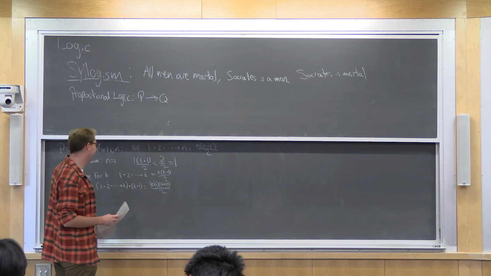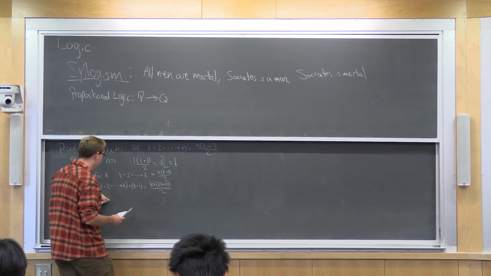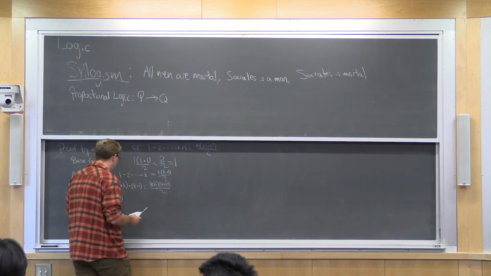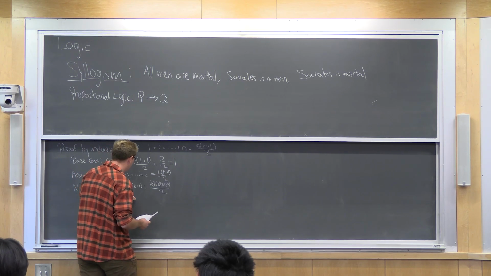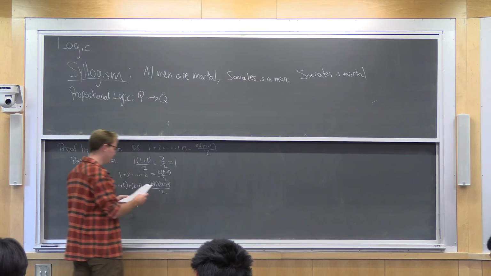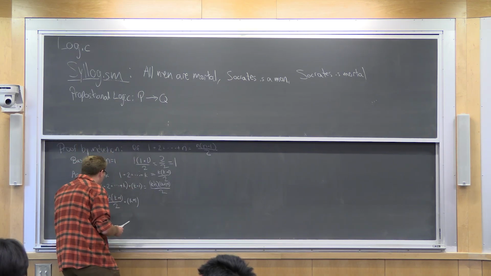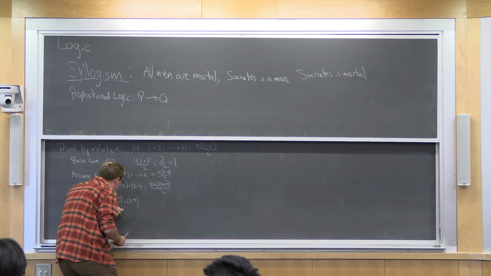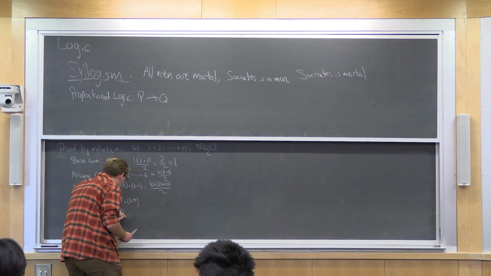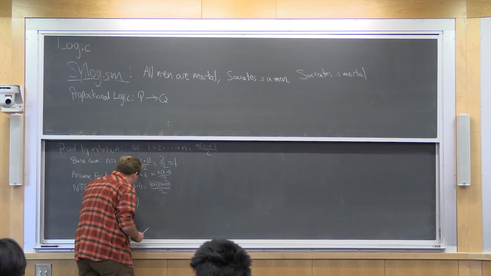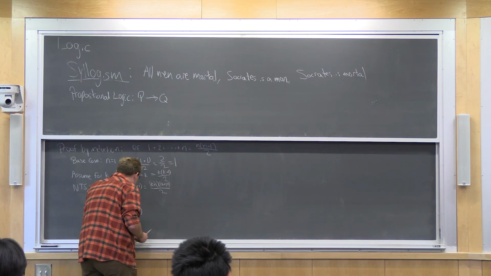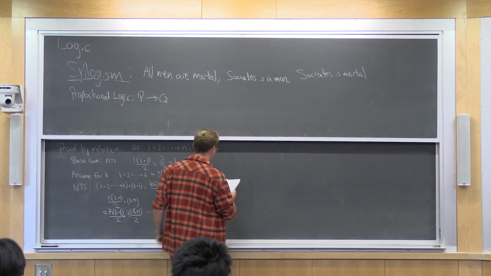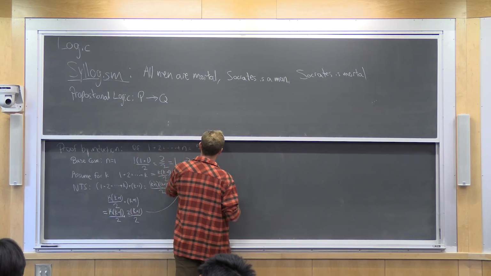So we're going to substitute that sum for k. So we have k times k plus 1 over 2 plus k plus 1. And we're going to get a common denominator here, and combine these fractions.